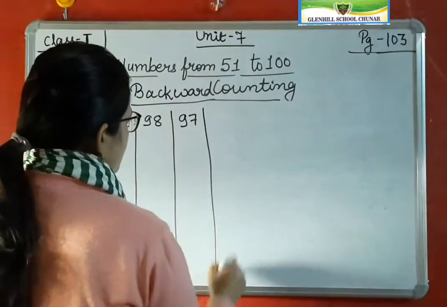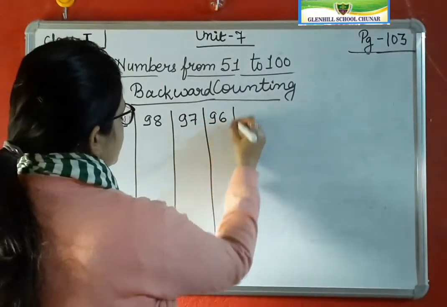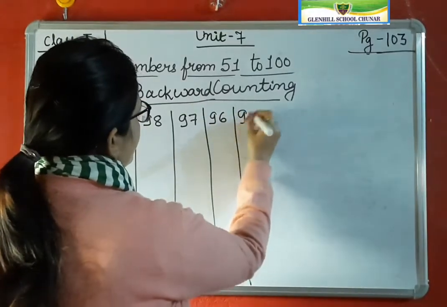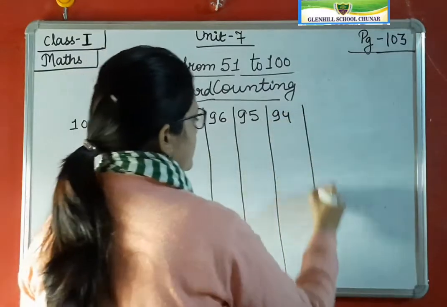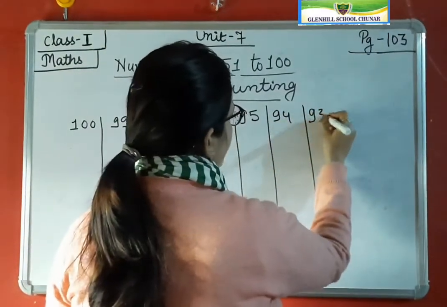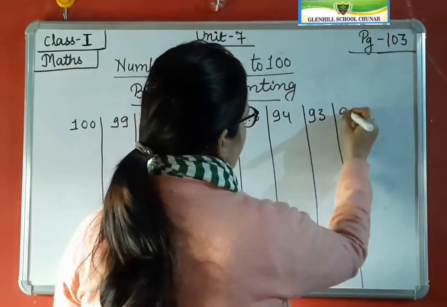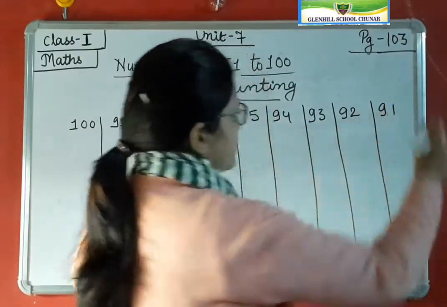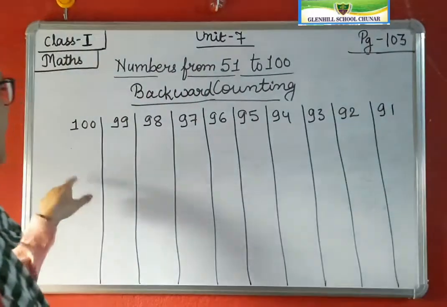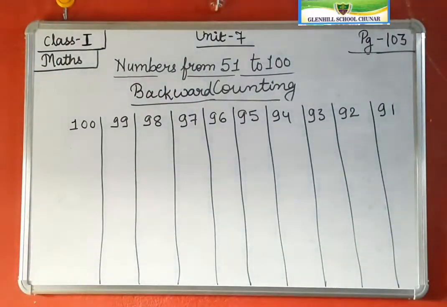96, 95, 94, 93, 92, 91. Okay, so like this it is the backward counting.